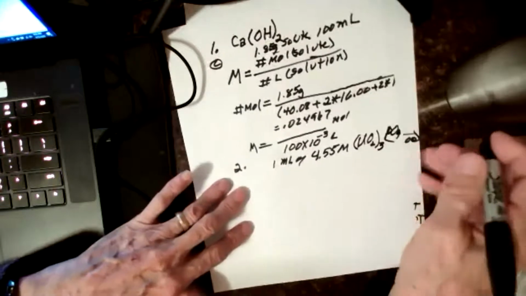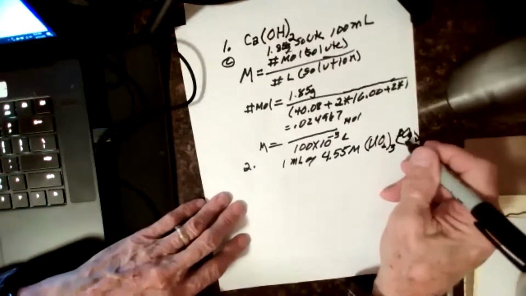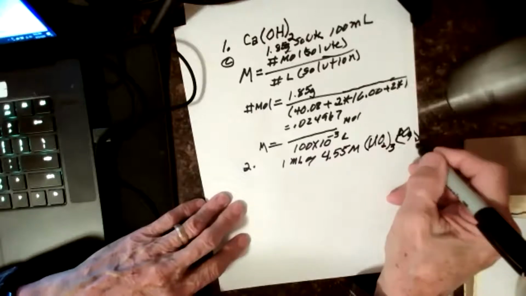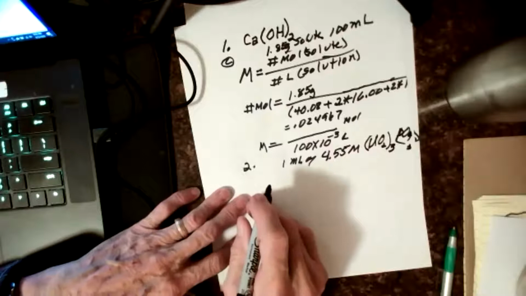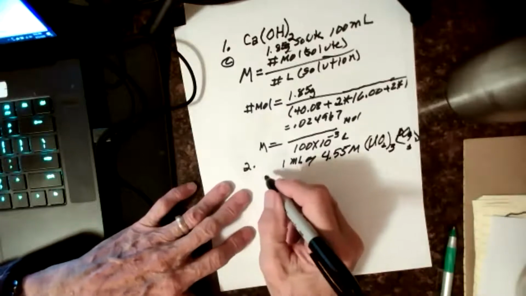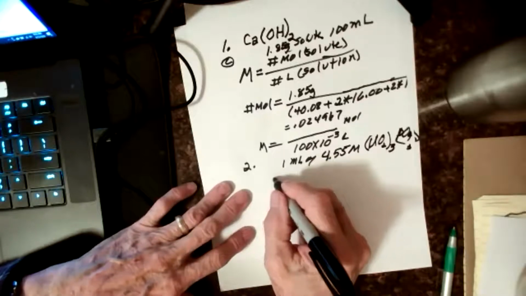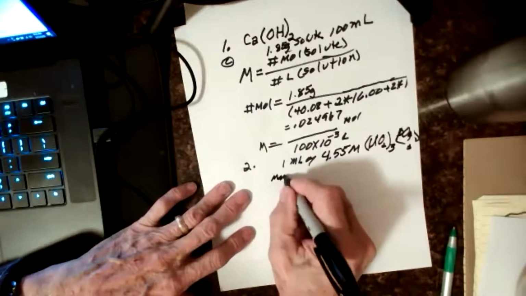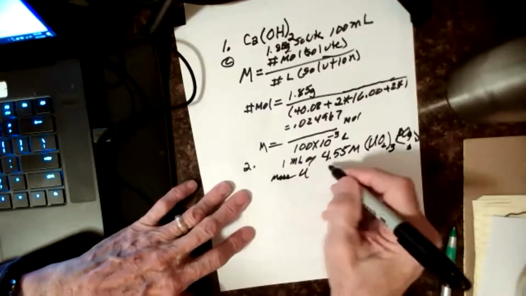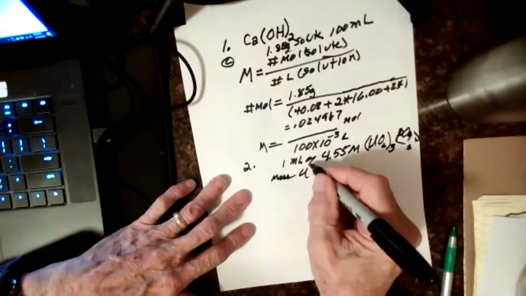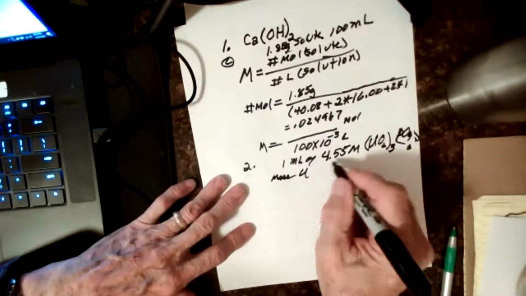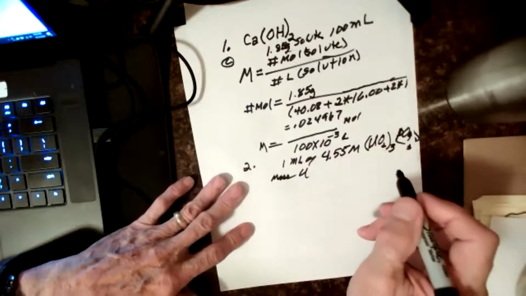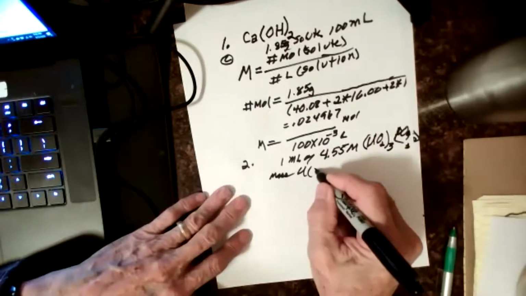I thought I had more paper room than I got. It's PO4 3. Okay, I'll pull it over where we can see it a little better. So we want to know the mass of uranium contained in 1 milliliter of that solution, and we wanted it in milligrams.